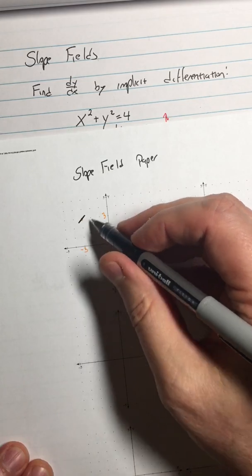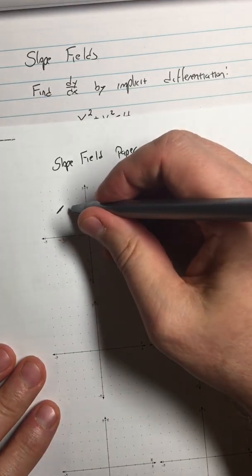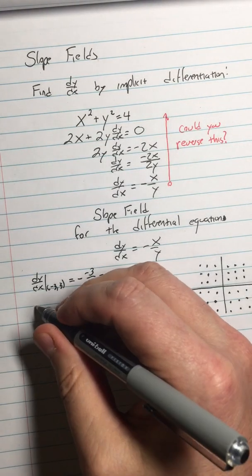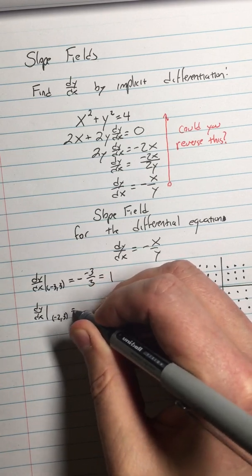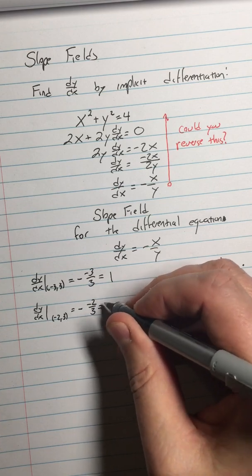We're going to go to negative 2, 3. So that is here. I'm going to do dy/dx at negative 2, 3. That's going to be negative x, negative 2, over 3, which is 2/3.